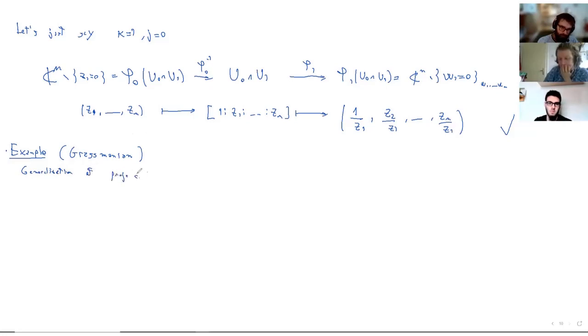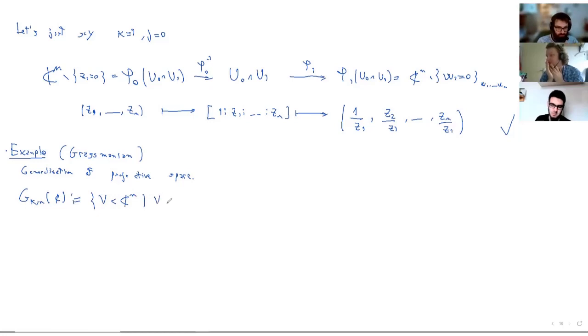And we define G(k,n)(C) to be the set of all vector subspaces of dimension k.